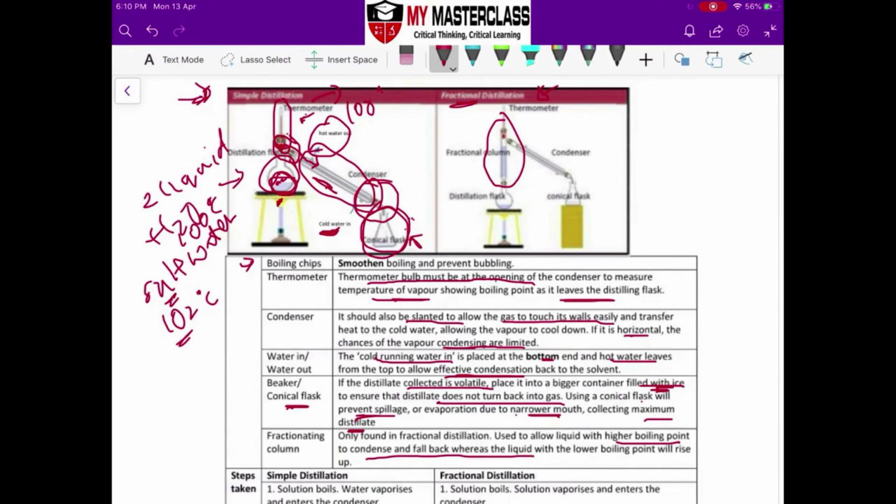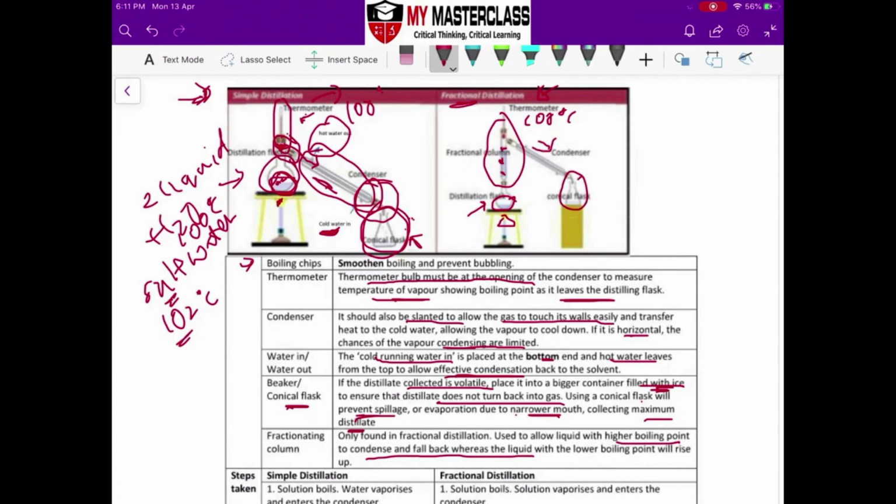Sometimes your boiling points can get very close, and because of constant heating and maybe evaporation, even though it shows 100 degrees Celsius, some of my 102 degree liquid will become gas. But when they become gas, they don't enter the condenser because it's not their boiling point yet. They touch all these glass beads and condense back over here. So my salt water with 102 degrees will condense back, and only the 100 degrees can enter the condenser to be collected.